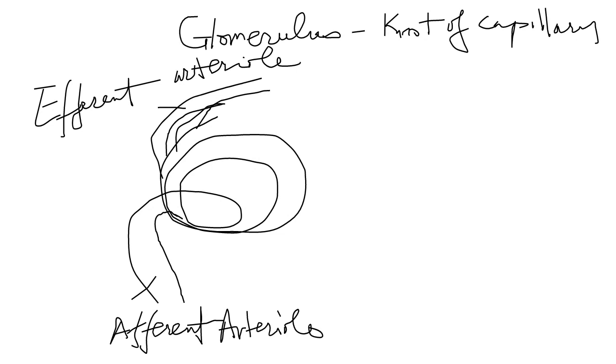And what you can see is that the Bowman's capsule has two layers. It has this inner layer here, known as the visceral layer, and then it has this layer right here. It's called the parietal layer.